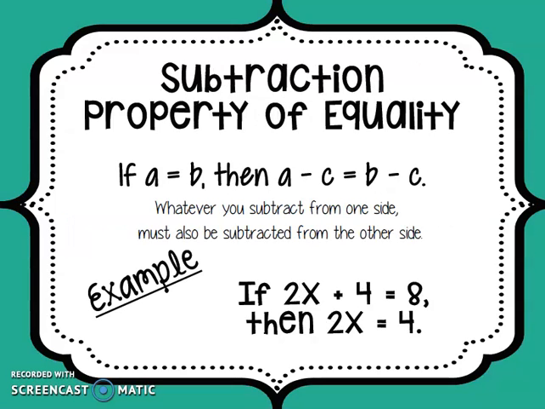Subtraction property of equality, same thing, except this time we're subtracting from both sides. The example at the bottom, 2x plus 4 equals 8. First thing we would do would be to subtract 4 from both sides. That is the subtraction property of equality.